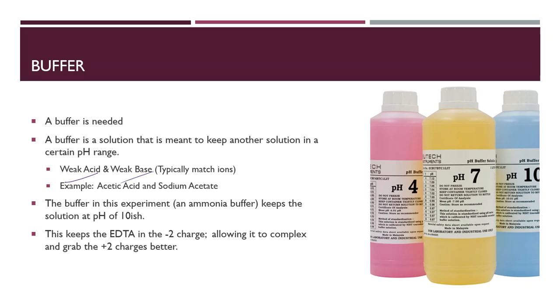So we have both in there, and we can control the amounts of either, and that will control the pH of that particular buffer. So if I want this more acidic, then I'll use more weak acid. If I want this to be more basic, then I use more weak base in order to make that happen. All right. The buffer that you're going to be using in this experiment is a pH of 10-ish that has been made with ammonia.